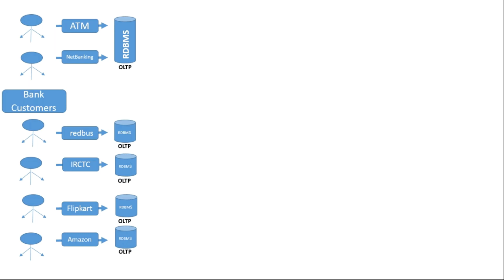In our life, how do we do analysis? For example, my journey from my home to my office is one hour. There are multiple ways I can go. I plan to reach my office within one hour.